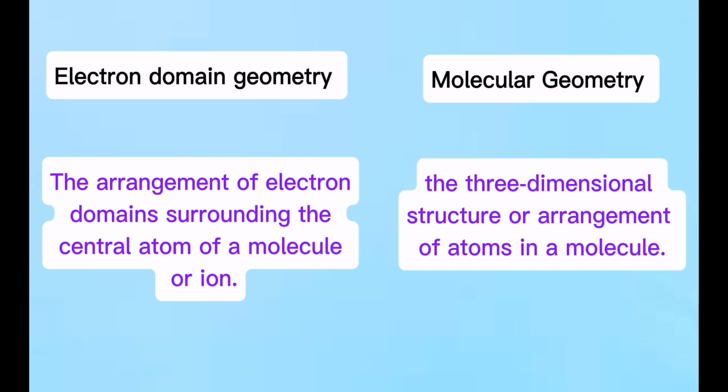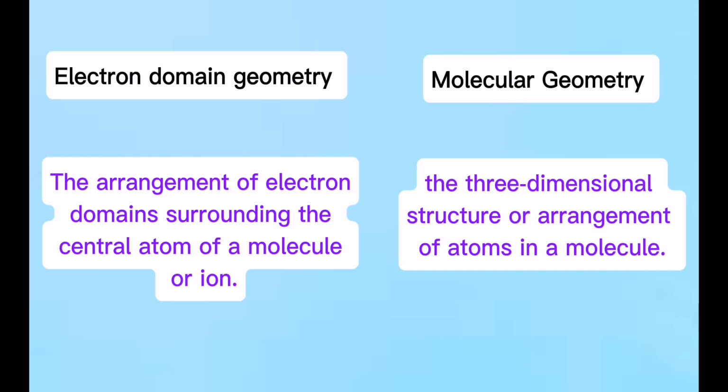Electron domain geometry considers all electron domains, bond and lone pairs, around the central atom. For H2O, it is tetrahedral due to 4 electron domains, 2 bonding pairs and 2 lone pairs, while molecular geometry focuses only on the arrangement of atoms, ignoring lone pairs.